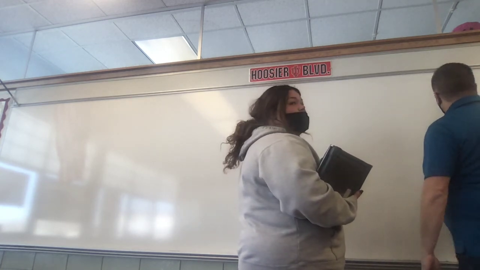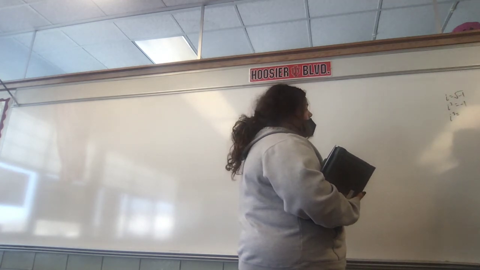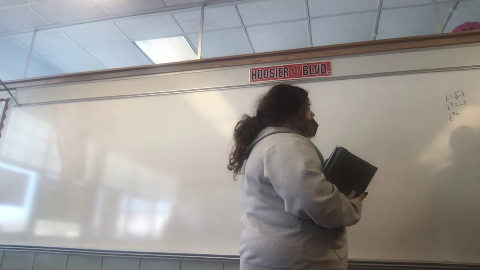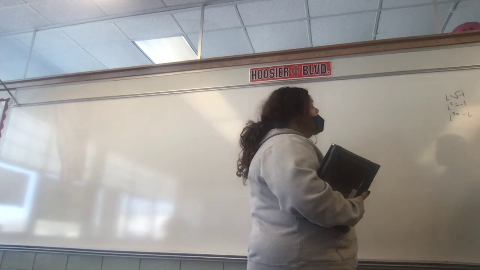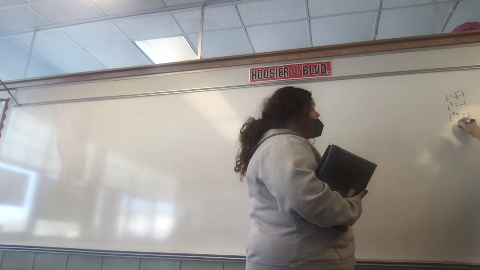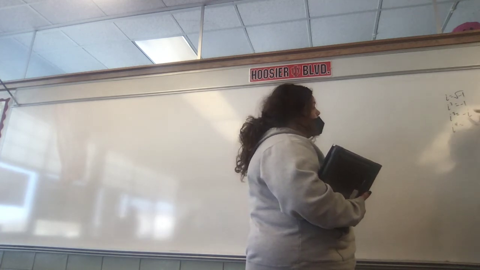i to the third is the same as i squared times i, just like x to the third is the same as x squared times x. Well, i squared is negative 1. Negative 1 times i is negative i. i to the fourth is i squared times i squared, which is negative 1 times negative 1, which is positive 1.